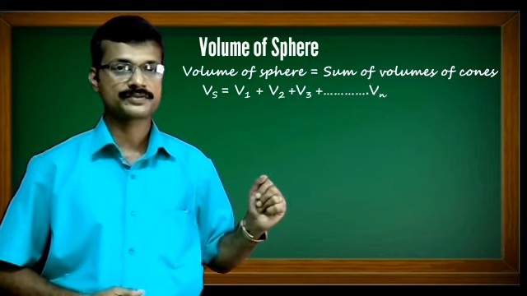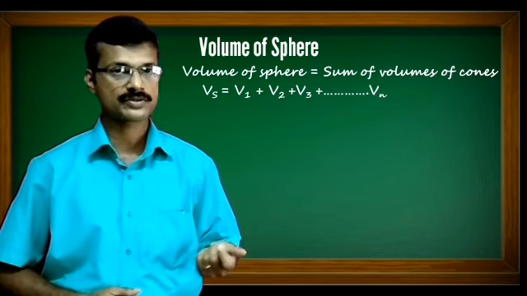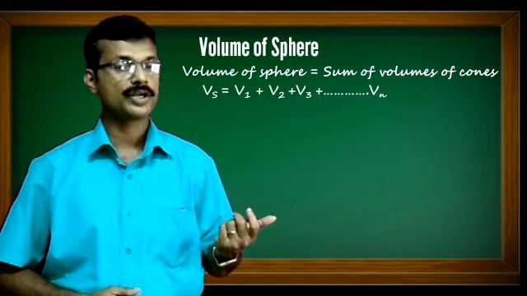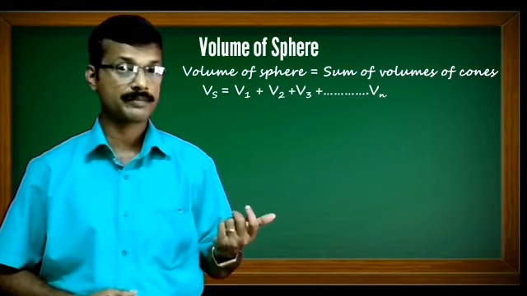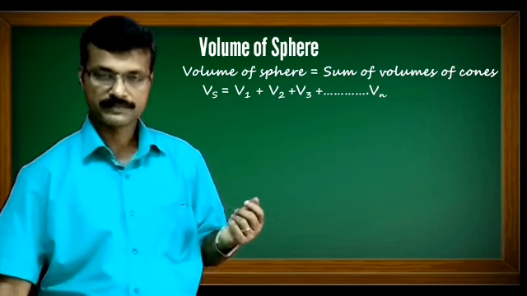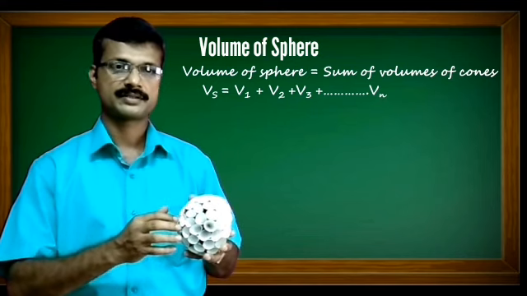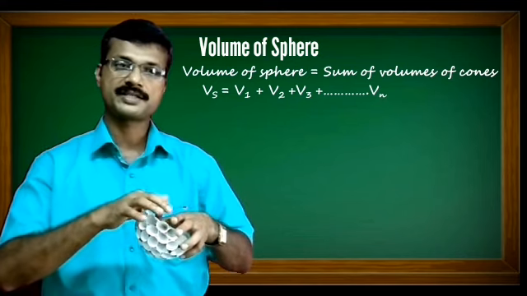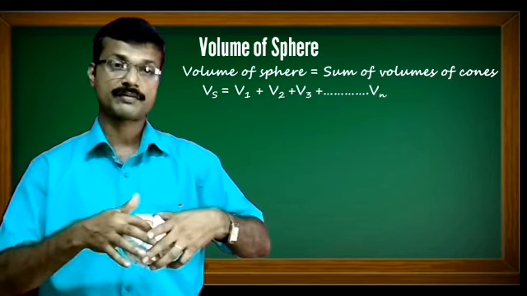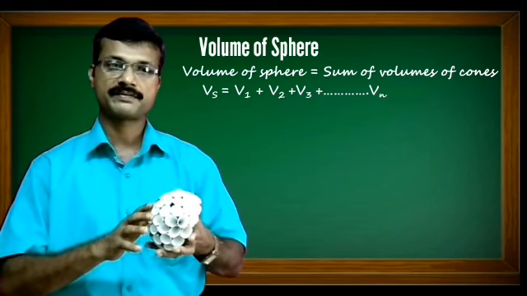Now this V1 stands for what? The volume of the first cone, and we know the volume of a cone is 1 by 3 pi r square h. If you look at all these cones, the radii are different, but all the cones are of the same height.